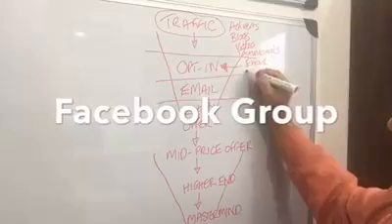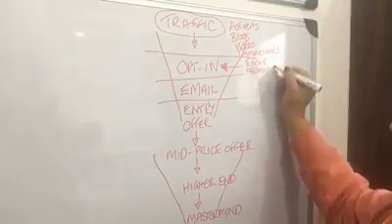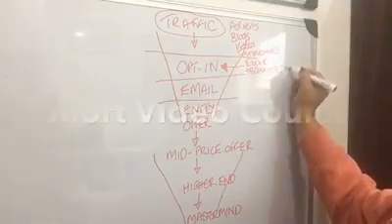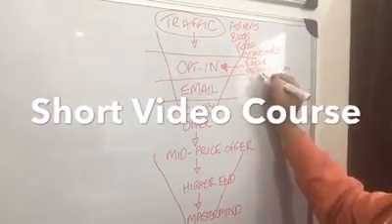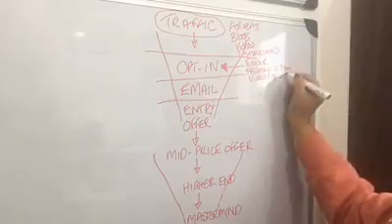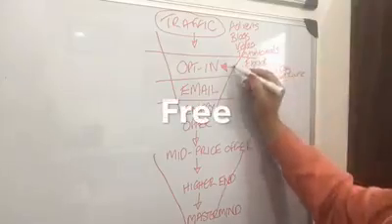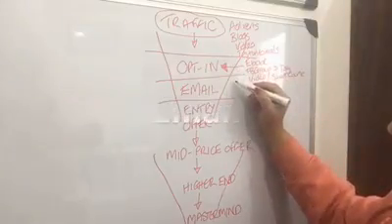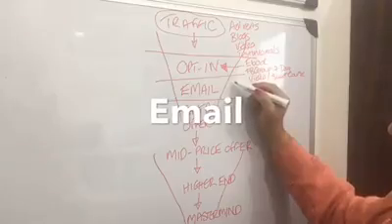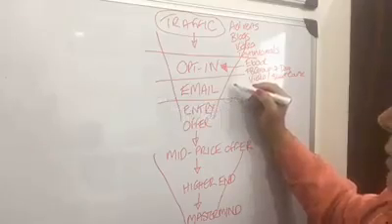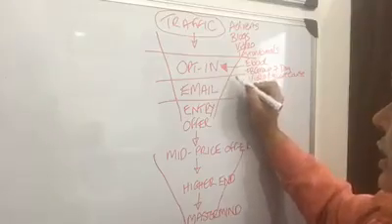Recently, it would be a Facebook group, sometimes with a 7-day challenge. It can be video, it could be a short course. The idea being that these opt-ins are free and we get their email from them, and potentially even more contact detail than an email, maybe a telephone number and address, because then we can use snail mail, we can text message, we can phone, etc.